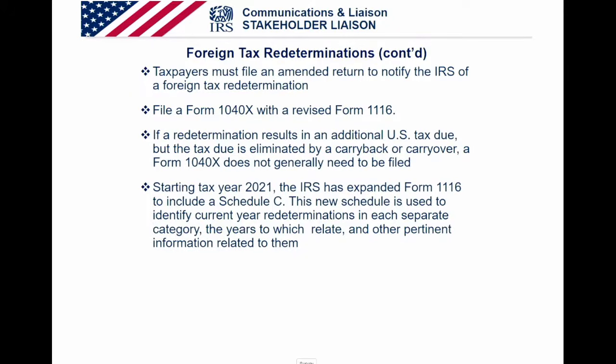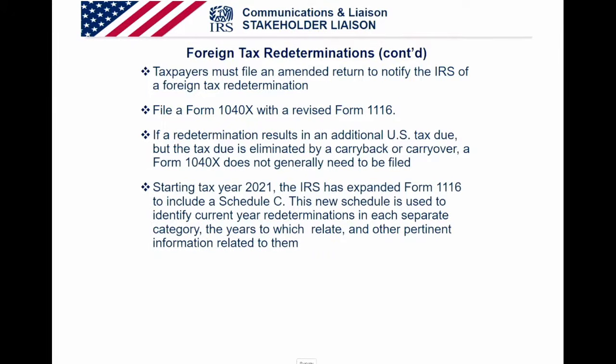And finally, just like the new Schedule B as part of the Form 1116 starting 2021, there is another new schedule to the Form 1116, and this is Schedule C, the Foreign Tax Redetermination Schedule.